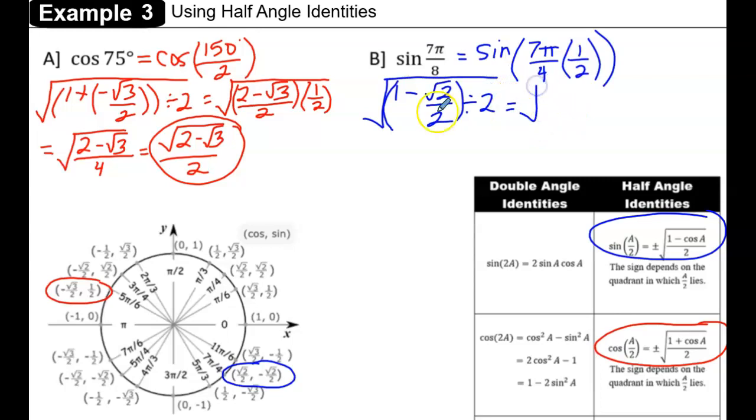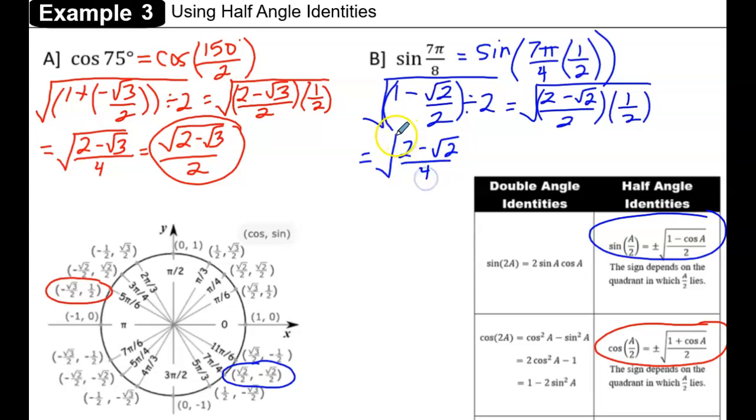So getting a common denominator, combining those fractions, we'll have 2 minus the square root of 2, all divided by 2, and then dividing by 2 is the same as multiplying by half. And now we have 2 minus the square root of 2, all divided by 4, and that is under the radical.